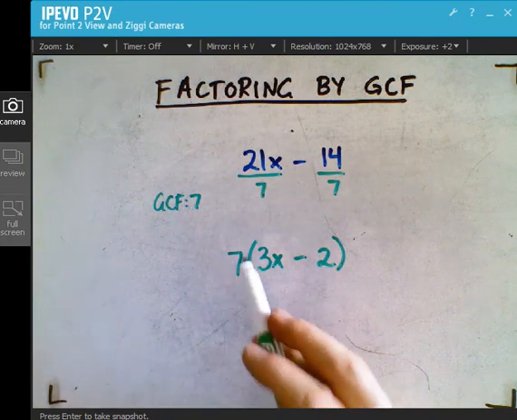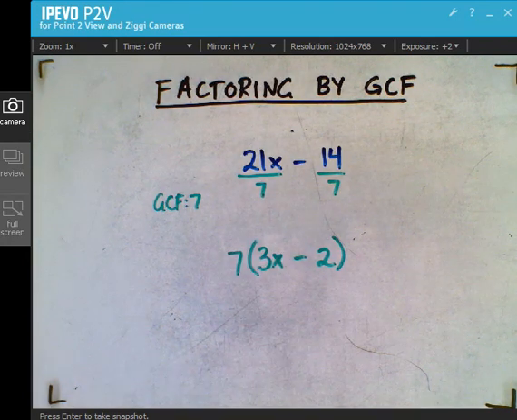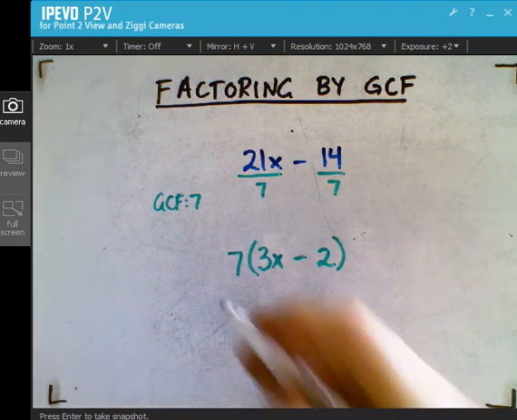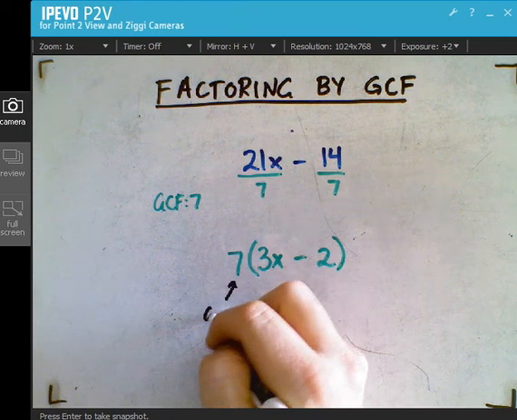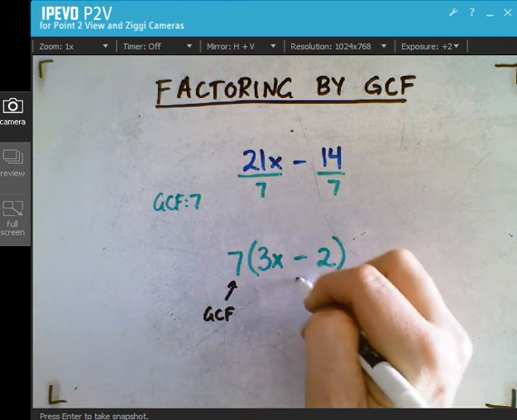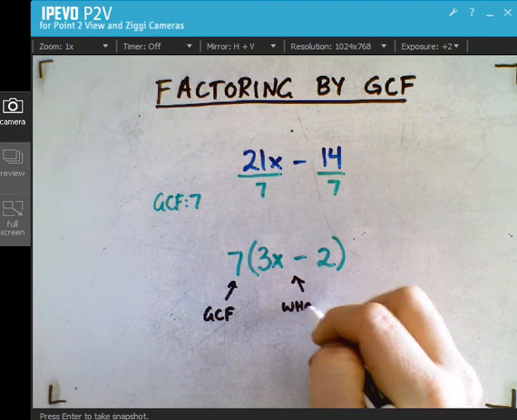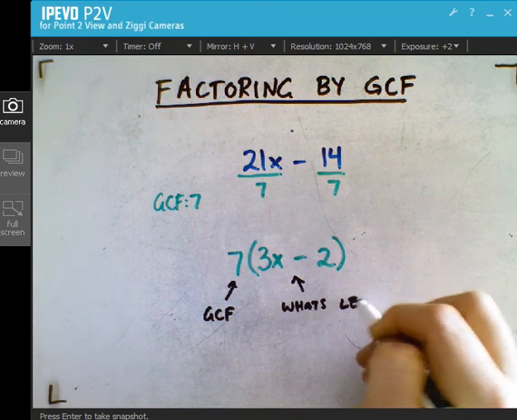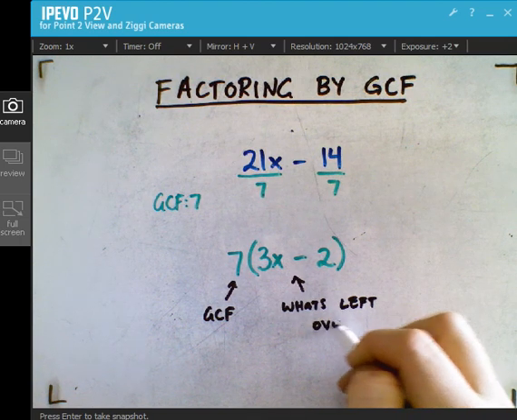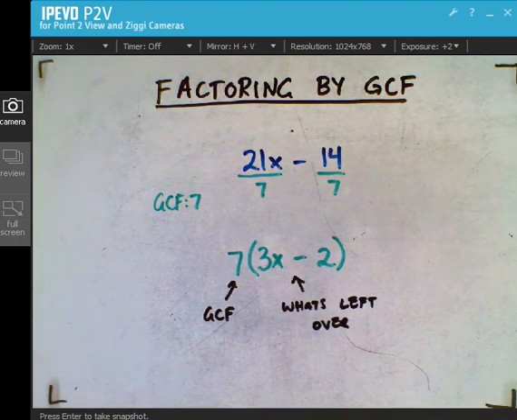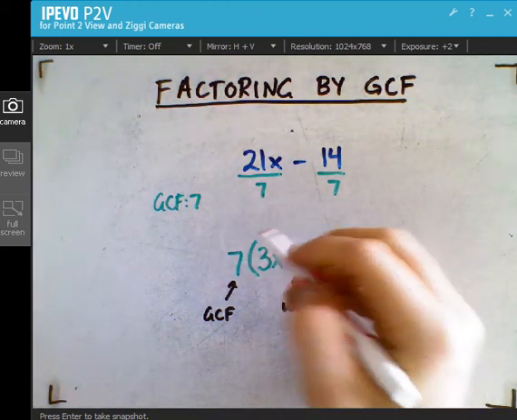So your greatest common factor goes outside the parentheses. And inside the parentheses is what's left over after you divide. Now I just want to point out, as I did at the beginning of the video, in order to check this, all you would do is actually multiply this out.